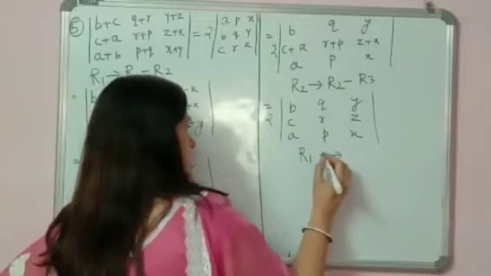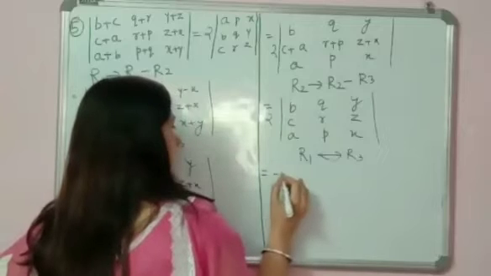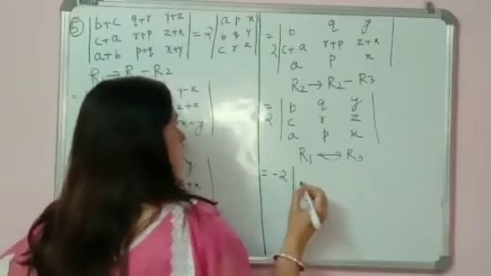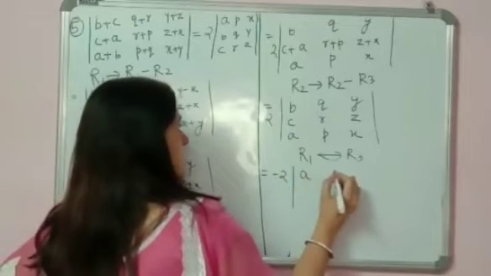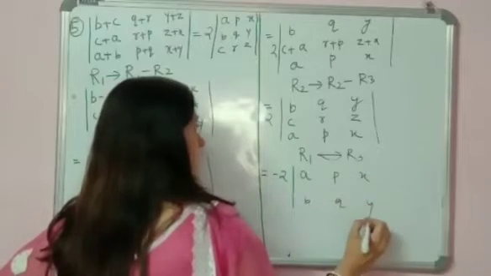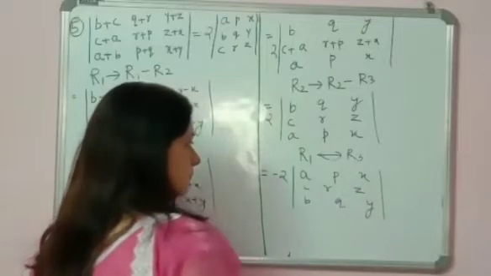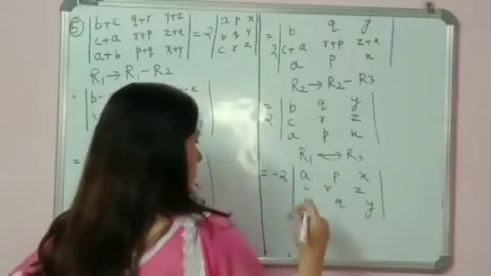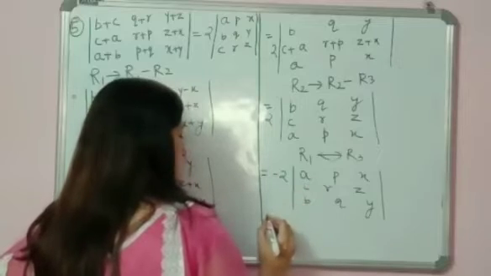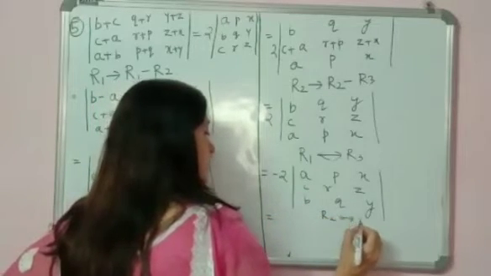You can interchange R1 to R3, but then this will be multiplied by -1, means sign will be changed. So APX, BQY and CRZ. Again we want this in the second row, so again interchanging R2 and R3.